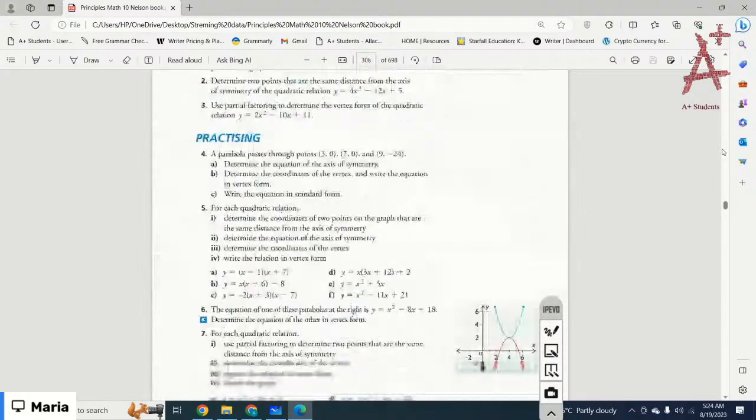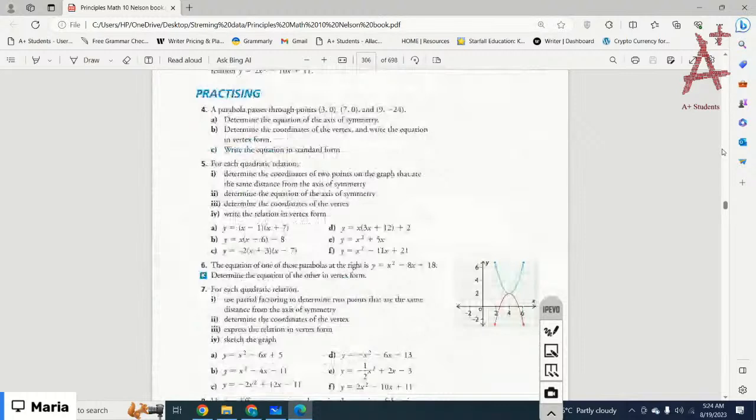Okay, let's start with practice question, question number 4. A parabola passes through the points (3, 0), (7, 0), and (9, -24). Determine the equation of the axis of symmetry. Determine the coordinates of the vertex and write the equation in vertex form. Write the equation in standard form.